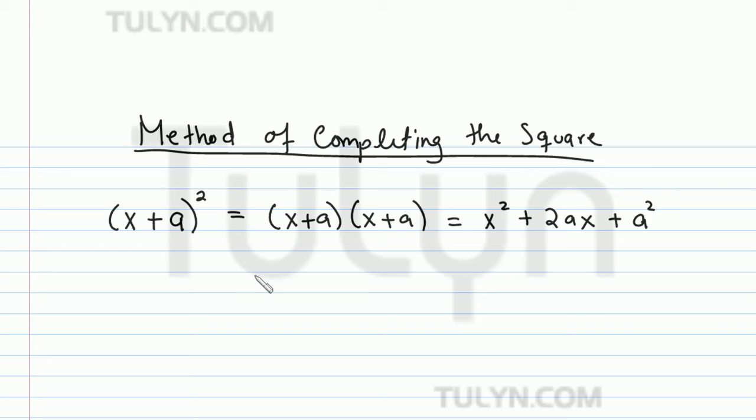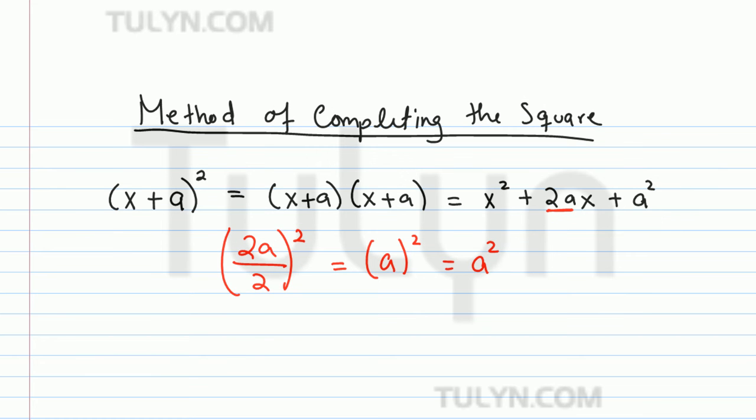Now I want you to notice that if you take the coefficient for the x, that middle coefficient, 2a, and you divide by 2, and then square the result, what you end up getting is a squared, which is the last term, right?